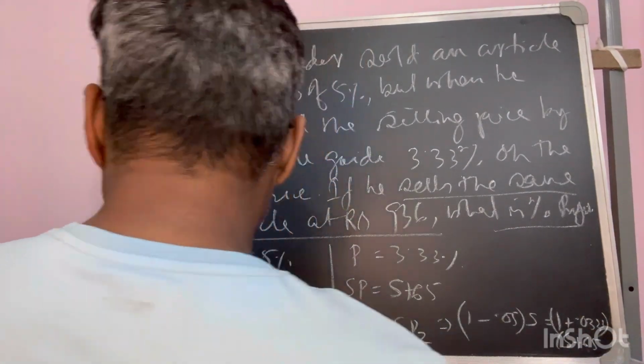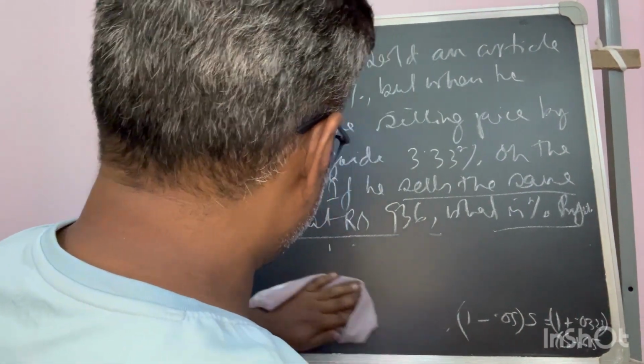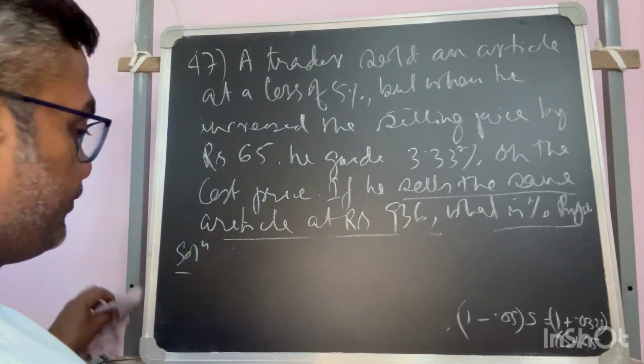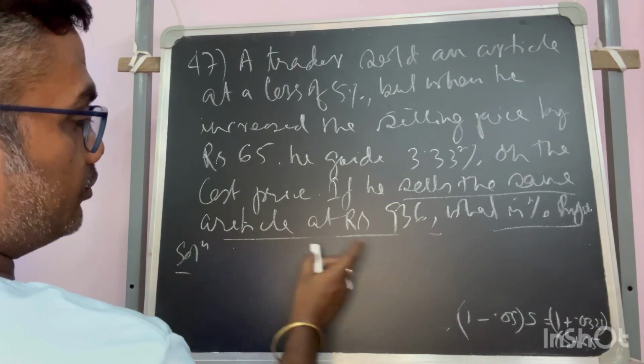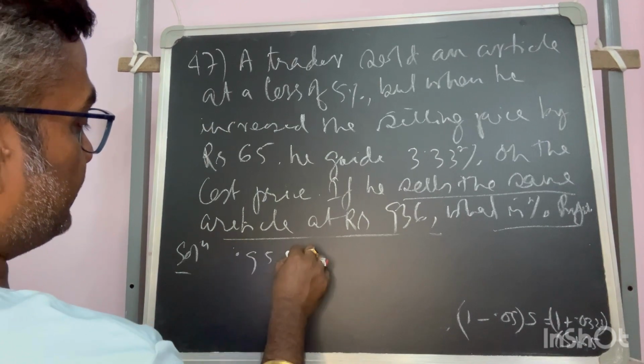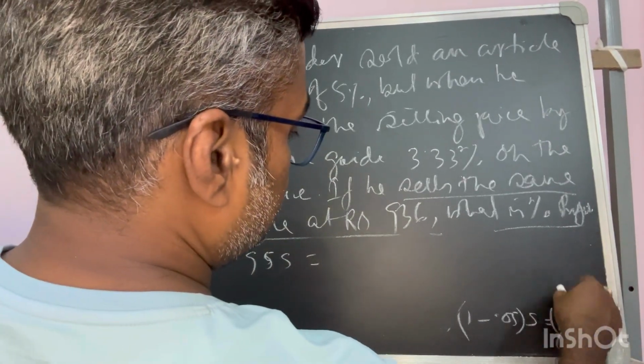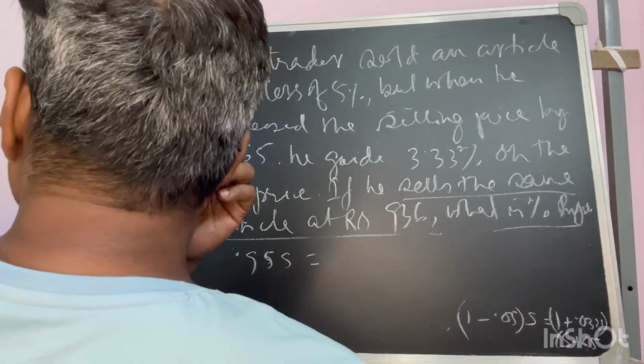So this will be the equation. Now we have to solve this. So if I bring it here, this will be 0.95 S equal to 1.033, approximately.